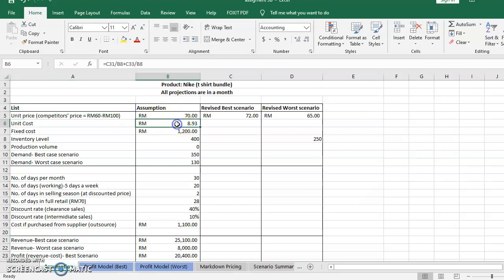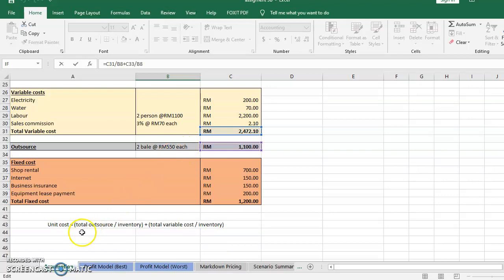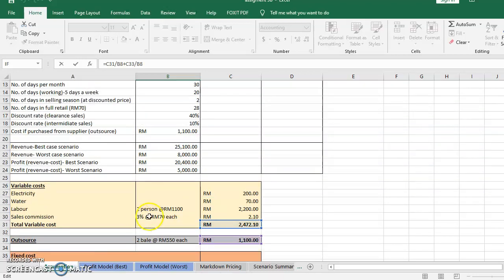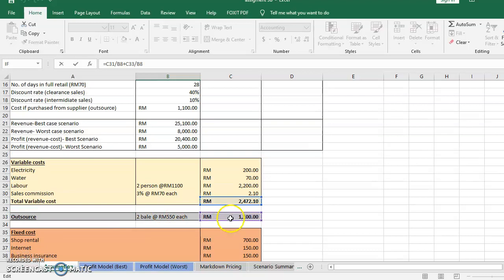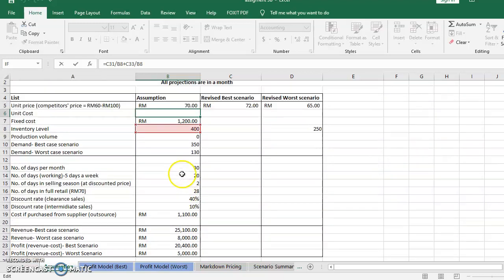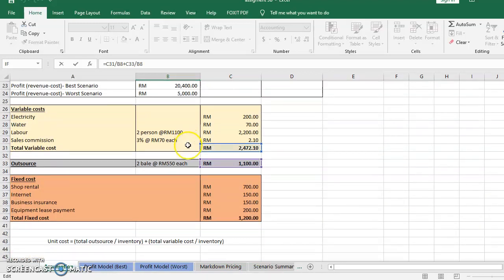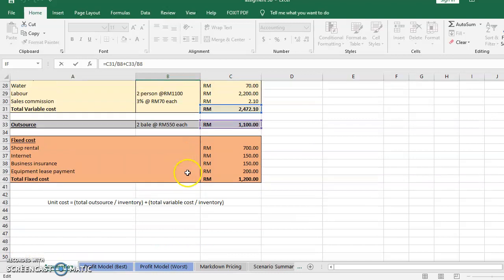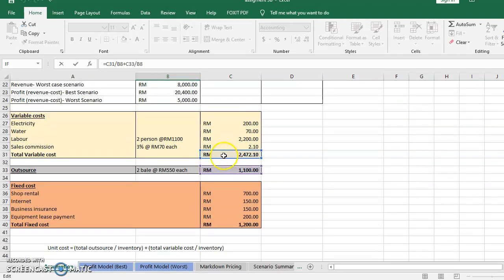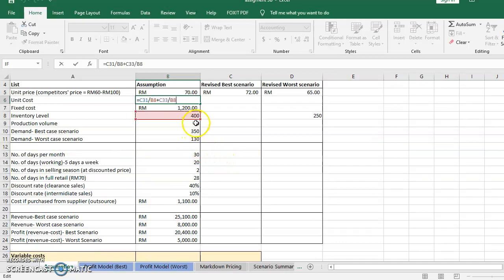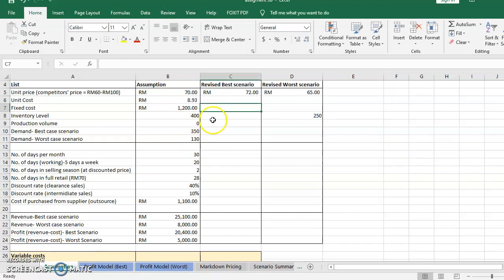My unit cost is 8 ringgit 93 cents. I obtained it from this formula: total outsource divided by inventory 400, plus total variable cost divided by inventory 400, and I get 8.93.